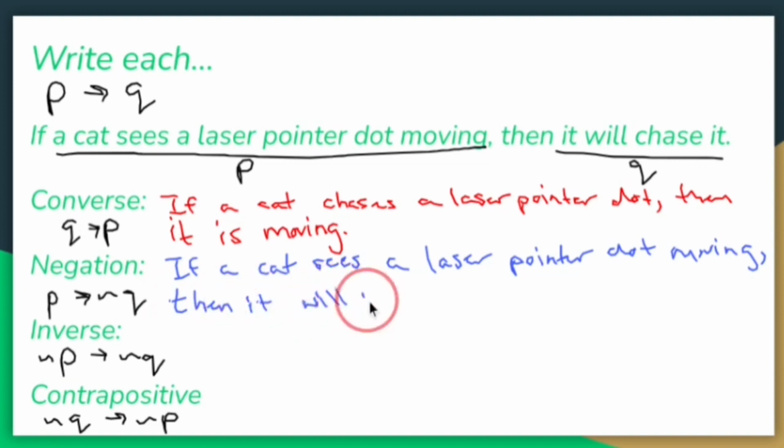So that's what that little squiggly means. We're going to take Q and make it a false statement, or make it a not. There you have it. For the inverse, we're going to write out the same thing but throw a not here and a not here.